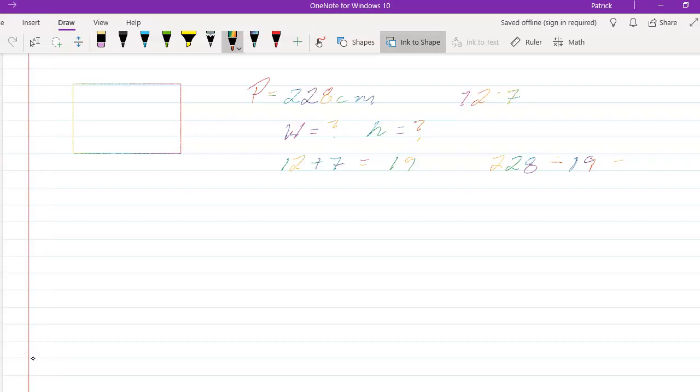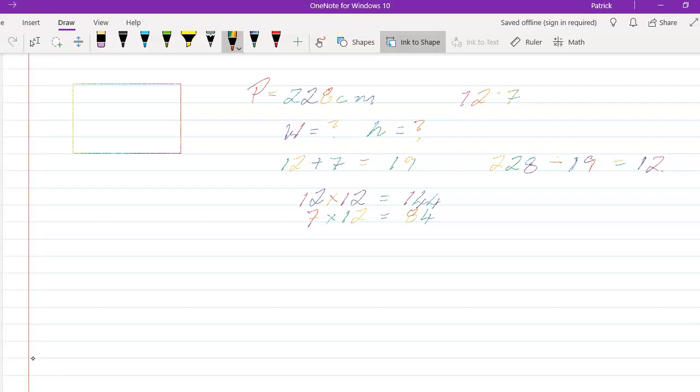Divided by 19, that equals 12. So the first ratio is 12 times 12, and the second ratio is 7 lots of 12. 12 times 12 is 144, and 7 times 12 equals 84.